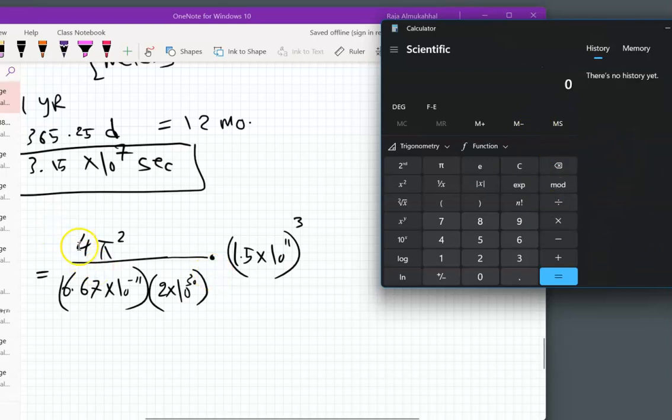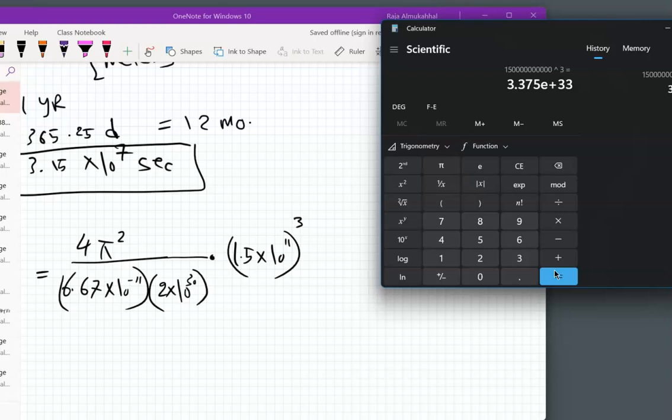Let's start. I'm going to start with 4 pi squared. Actually, let me start with this one. I like to start with something with a power. So it's 1.5, exp 11. Then I want to put it to the power of 3, so x to the y, 3, equals.